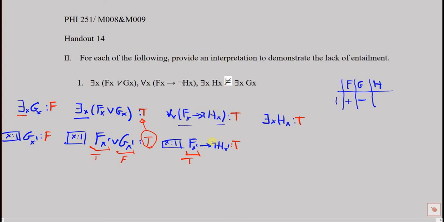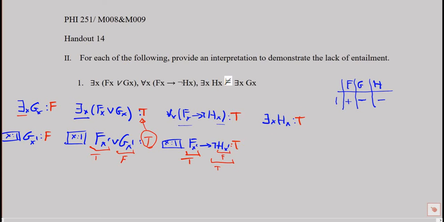So we need to make sure that Hx1 is false, right? Because then the negation would be true. So we do that by putting a negative there. And now, as it is for now, everything satisfies the formula attached to the universal. So the universal is true. Okay, so far so good.